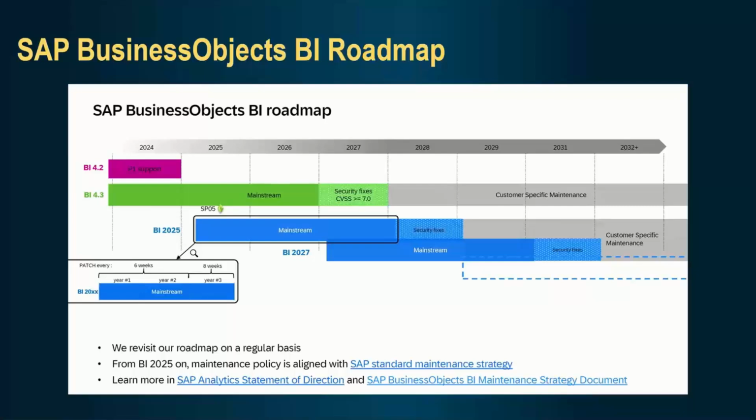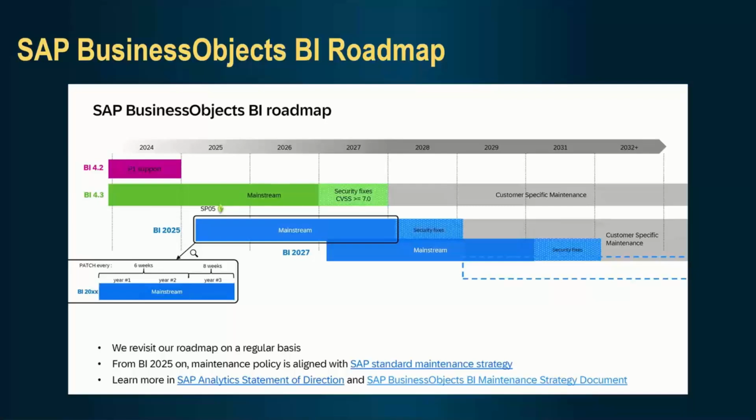And I noticed that 2% of the respondents said they were at 4.1, and I have had clients that are still on 3.1. So there are some installations out there, and trust me, there are upgrade paths for those versions of BusinessObjects to become current. But whenever we look at the BI 4.3 line, you can see that the mainstream maintenance continues through the end of 2026.